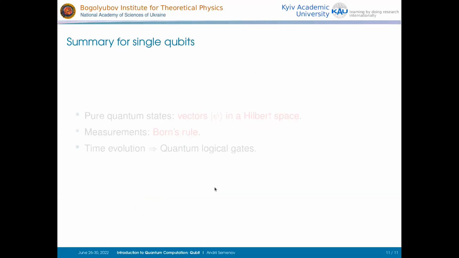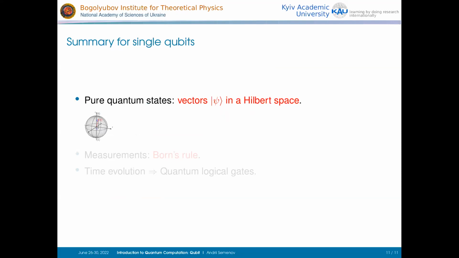Okay, let's do a summary for this part of the lecture, of what we have studied. First of all, you should understand what a pure state is for one qubit. This is a vector psi in a Hilbert space of states. This is not a real physical space, not our real configurational space in which we work.